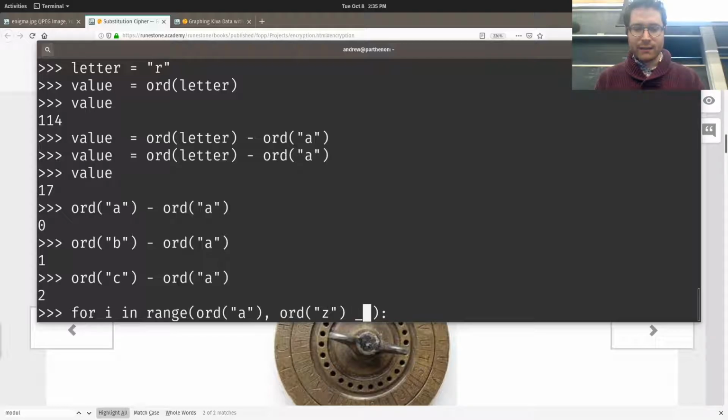I'll add 1 to it. So here we're just going from A to Z, all the values from A to Z.